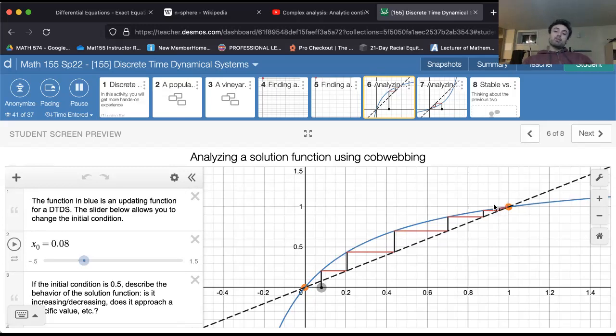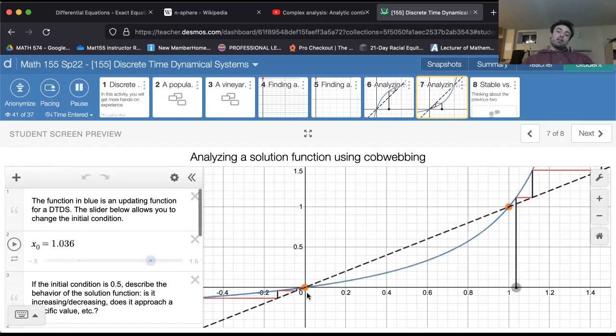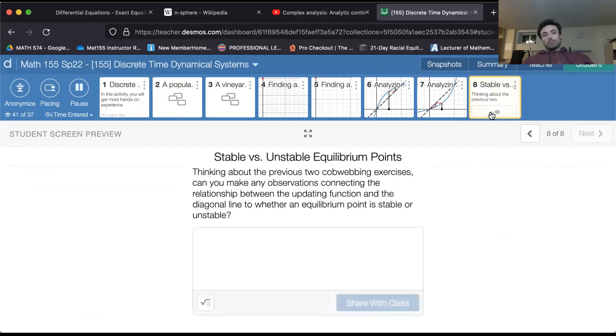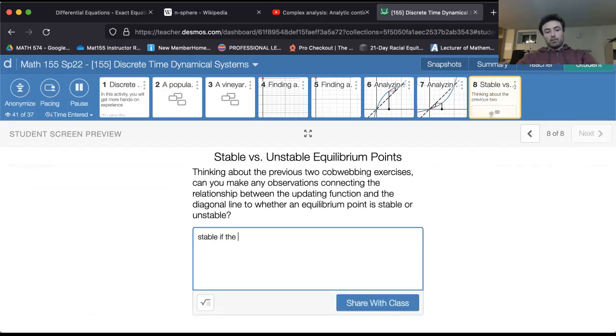This is a pretty shallow slope, and this point will be stable. Similarly here, the shallow slope is down here at 0, it's stable, and the steeper slope is up here at 1, it's unstable. Okay, so that's something I could put in here. Stable if the slope is shallow, right? We're just trying to do some observations.